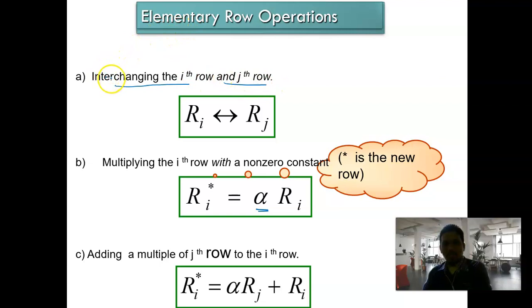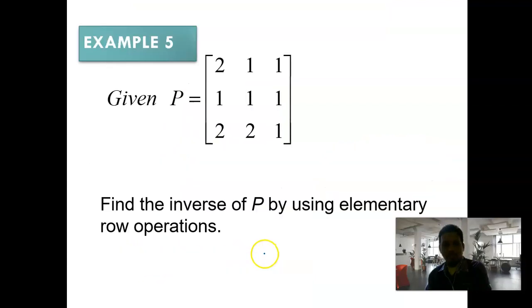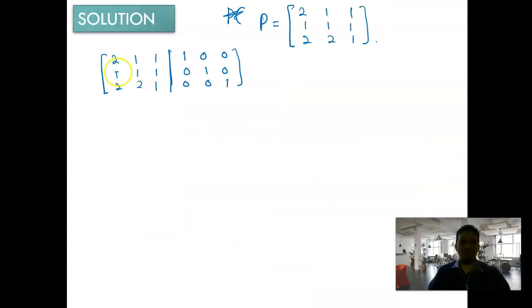Okay, class, according to the three operations that we can use here: interchanging the i and j rows, multiplying, and adding a multiple of row j to row i. Now we are going to bring this above because we want 1 on the top. We have the identity 1 0 0 0 1 0 0 0 1.